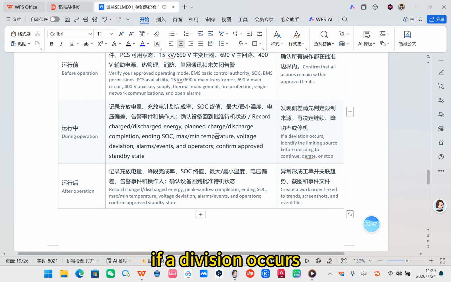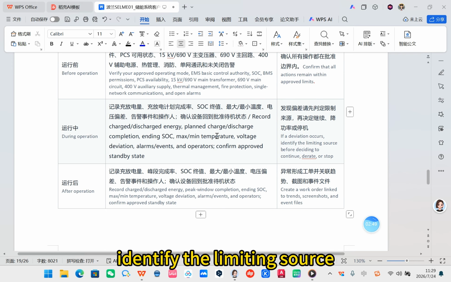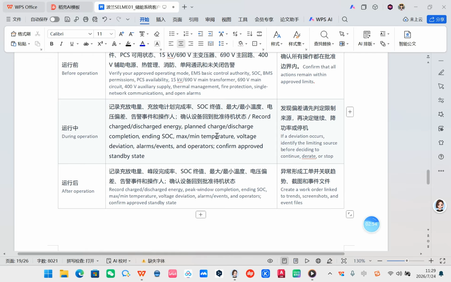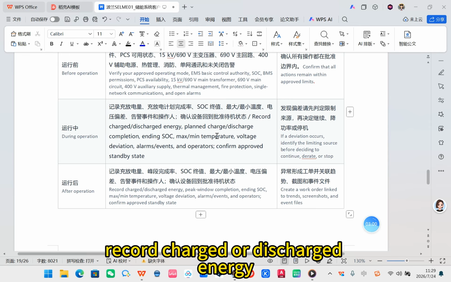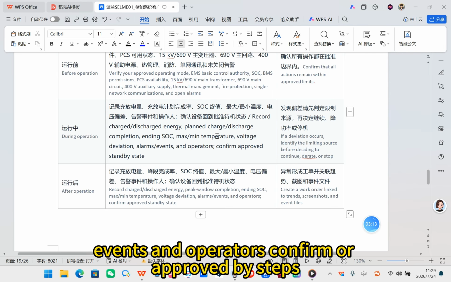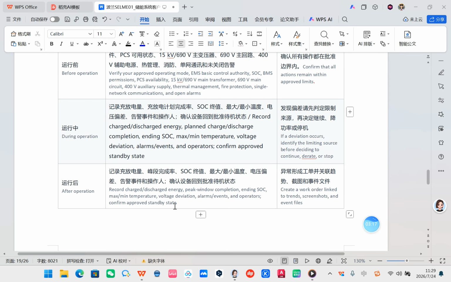If a deviation occurs, identify the limiting source before deciding to continue, derate, or stop. After operation, record charged or discharged energy, peak window completion, ending SOC, max and mean temperature, voltage deviation, alarms, events, and operators. Confirm approved standby status.